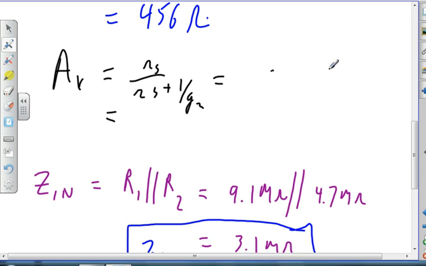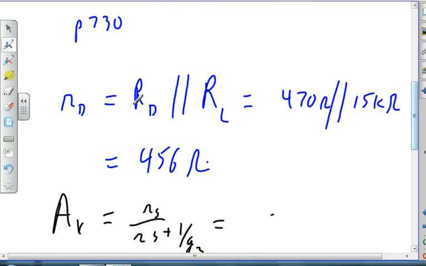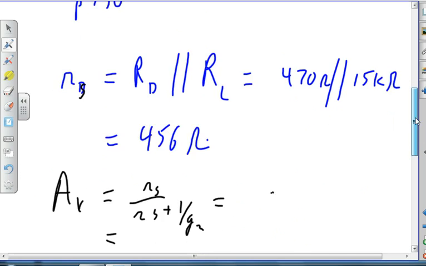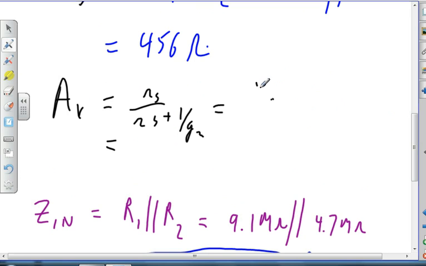So I already calculated it, I just didn't know I did. This is really RS and not RD like I said it was. Okay, so this is going to be 456 divided by 456 plus 1 over 25 microsiemens.